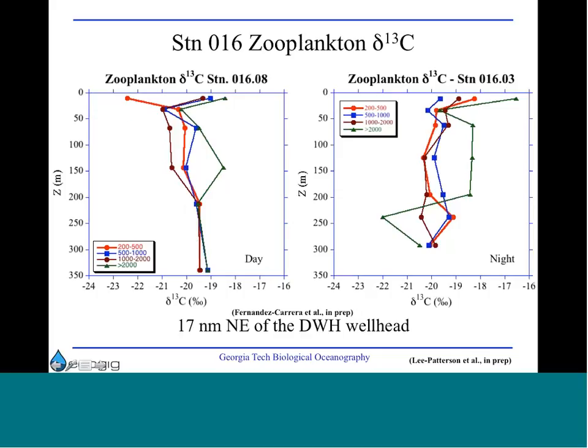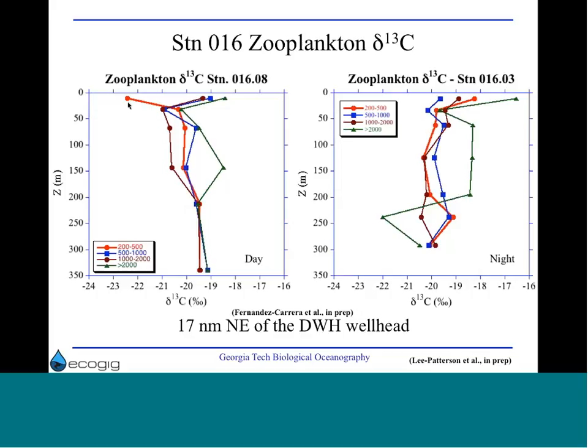And I'd like you to focus on that red line, which shows the smallest size fraction of animals. And you can see that they show the most negative delta C13 of any animals anywhere when we look at the surface sample.